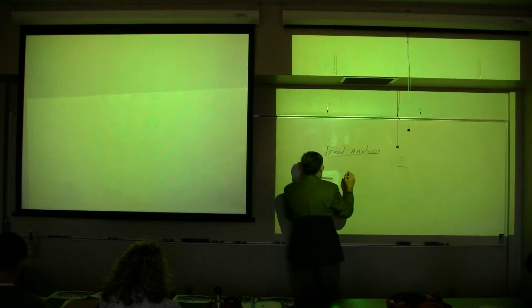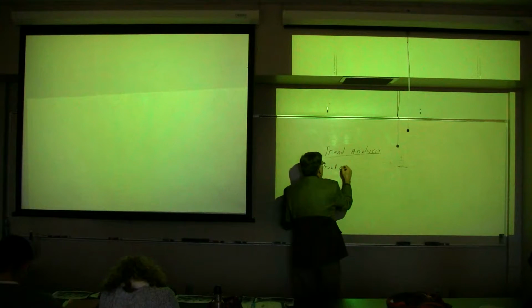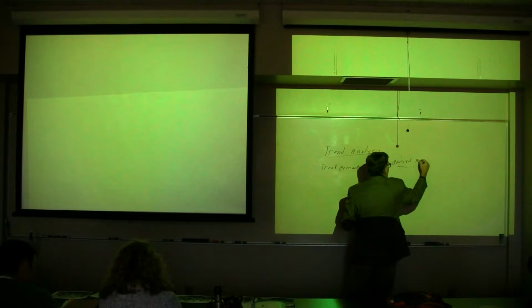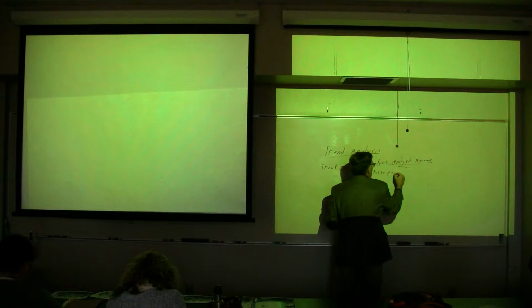what we have is the trend percent equals analysis period amount divided by the base period amount, times 100.